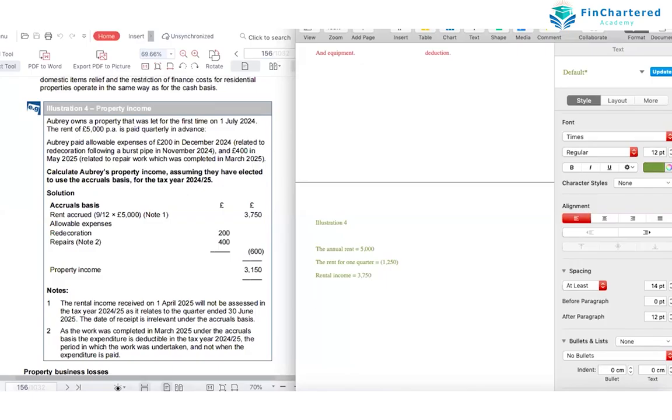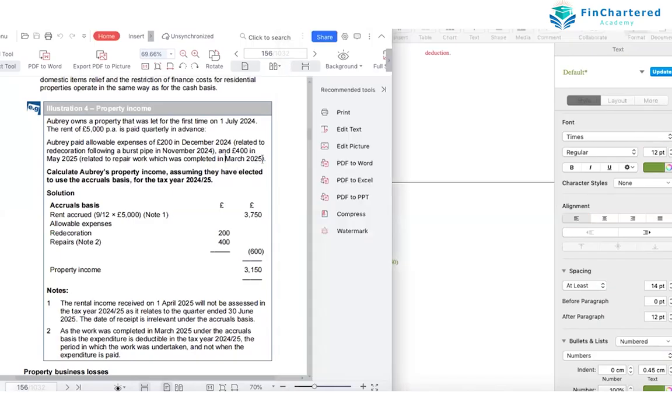Now again, allowable expenses. First expense is redecoration. It is for this period itself. So 200 is deducted. And 400 is paid in May. I don't care when it was paid. I only care about when it is incurred, and it is incurred this year itself.